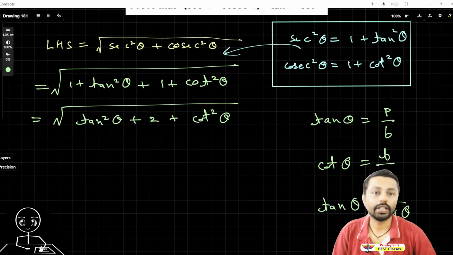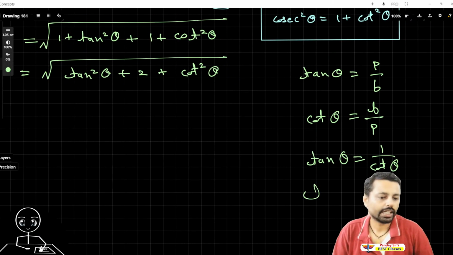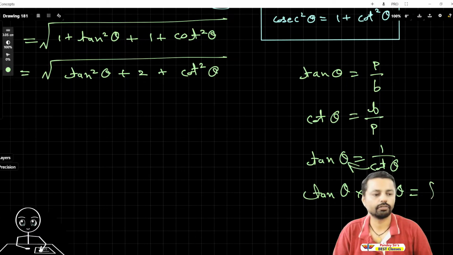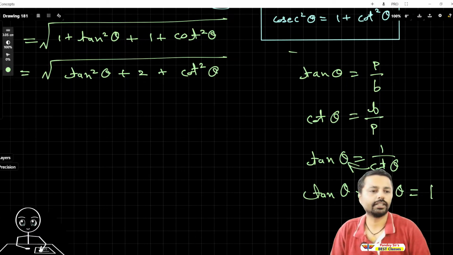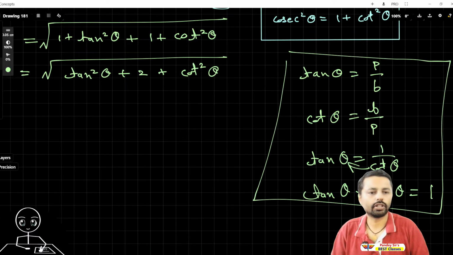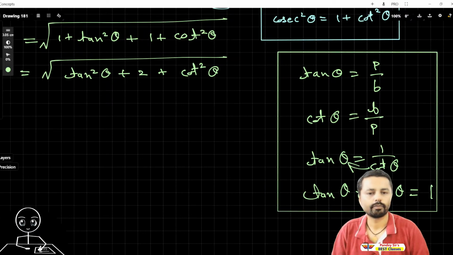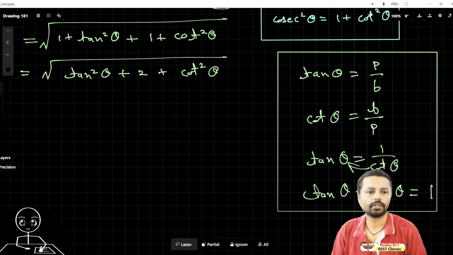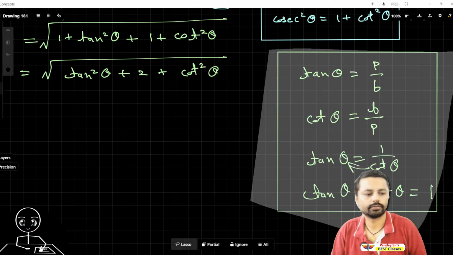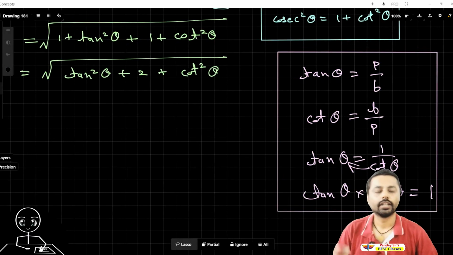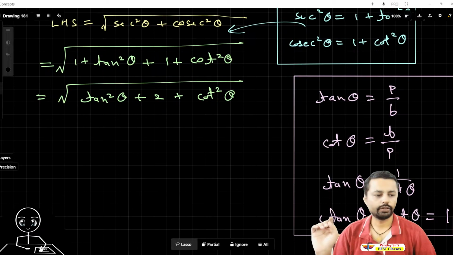If you multiply the two, tan theta into cot theta, you will get 1. Keep this in mind: tan theta into cot theta is 1. We'll use that for this solution.